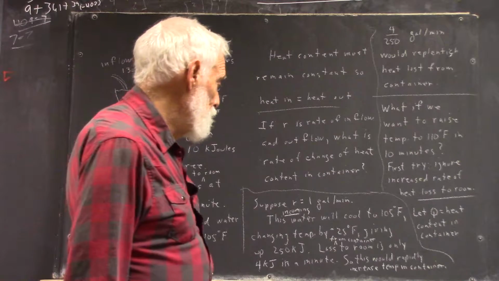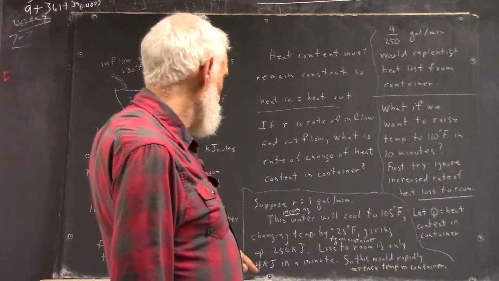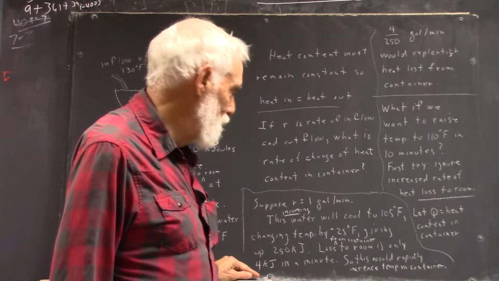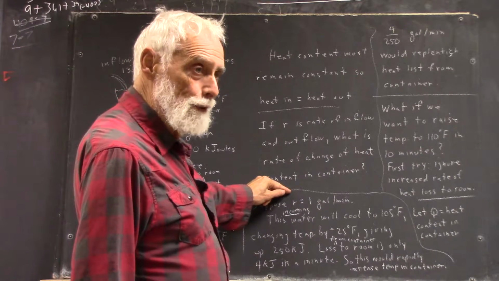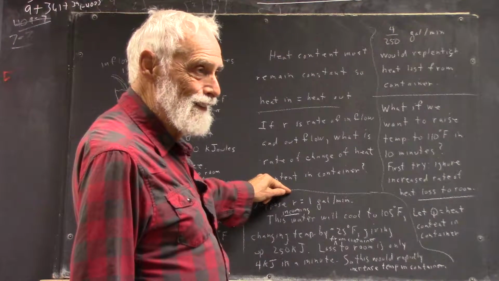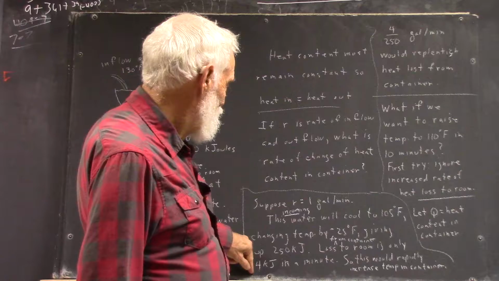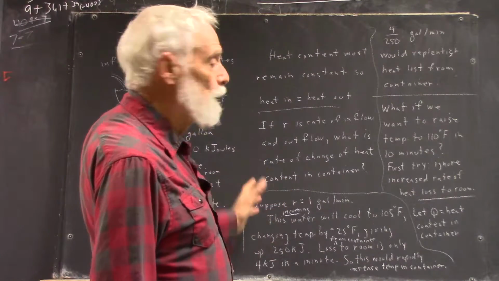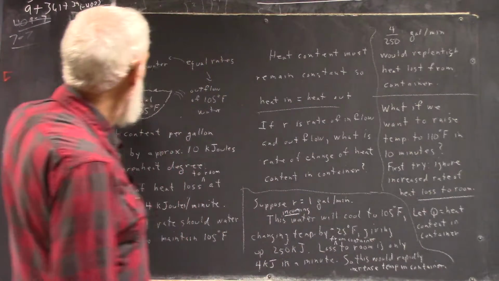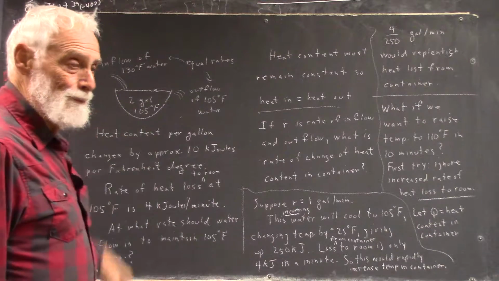Okay? Now, the loss from the container to the room is only 4 kilojoules a minute, so this is really overkill. Okay? A gallon per minute is going to pretty rapidly raise the temperature almost to 130 degrees.